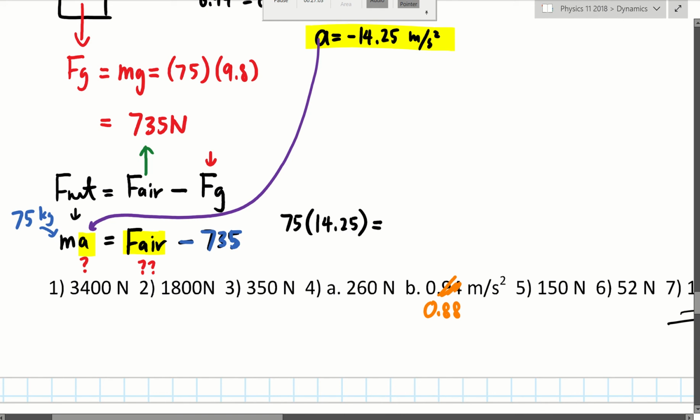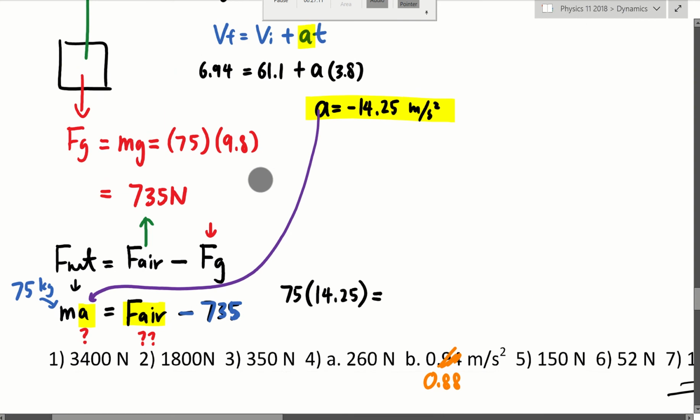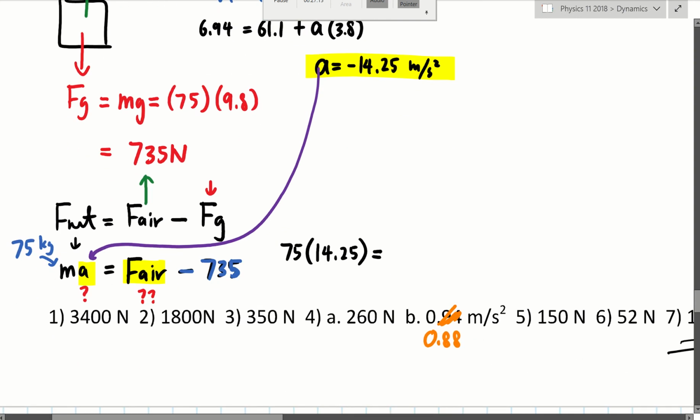Like air resistance, friction is winning. Air resistance is winning. So the object is slowing down. So the net force is a negative number. But because we took the top minus the bottom, technically speaking, we don't need the negative in there. So we just need the air resistance.